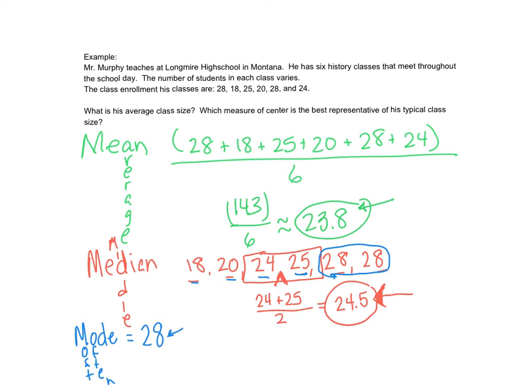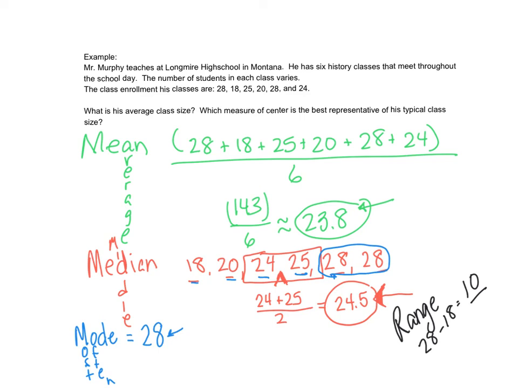Now, the reason why it was kind of hard to decide goes to the range, because we haven't discussed the range yet in this case. The range is how far apart his numbers are. So the range would be the greatest number of students he has minus the smallest number. So his class sizes range by 10 students, which you're like, well, that doesn't seem like a big number.